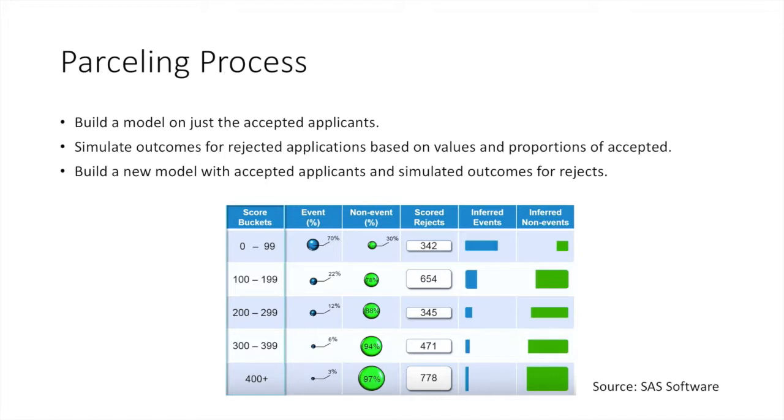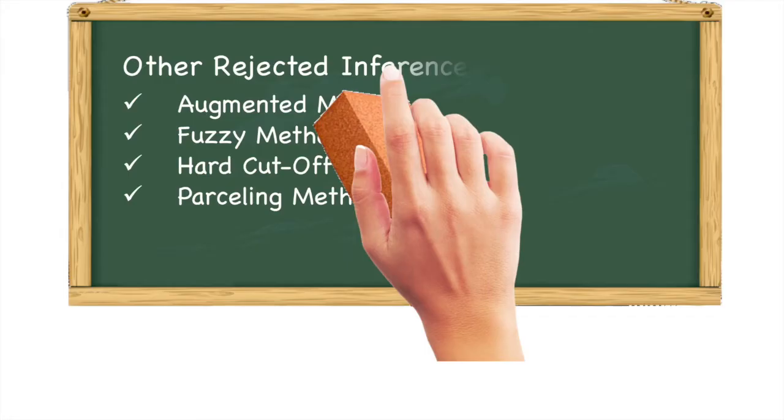So the idea is to simulate this target variable for the rejected applicants by respecting the proportions that are inferred from the accepted applicants, so that you use a distribution that will more or less replicate the distribution of the accepted applicants, thereby making sure that you have on average a right label for the rejected applications.